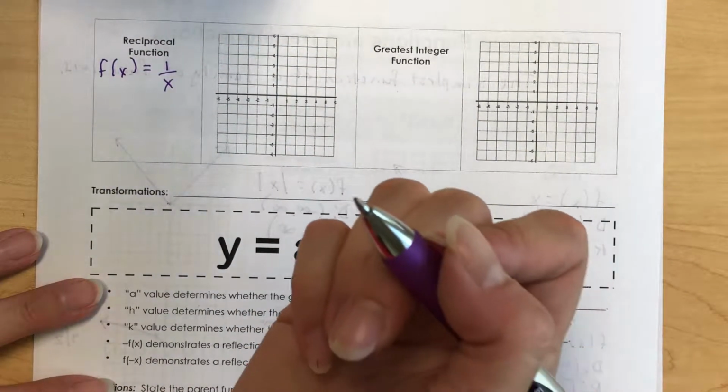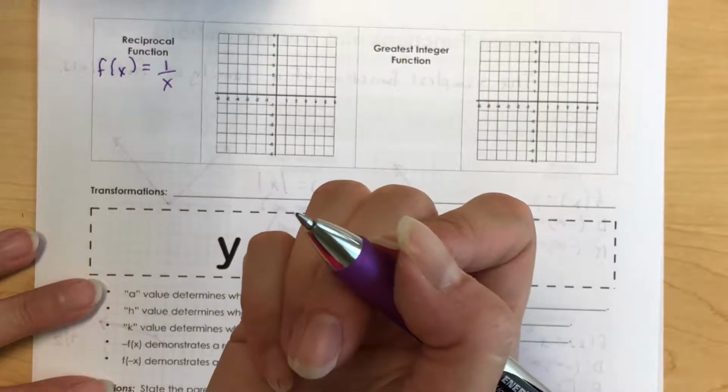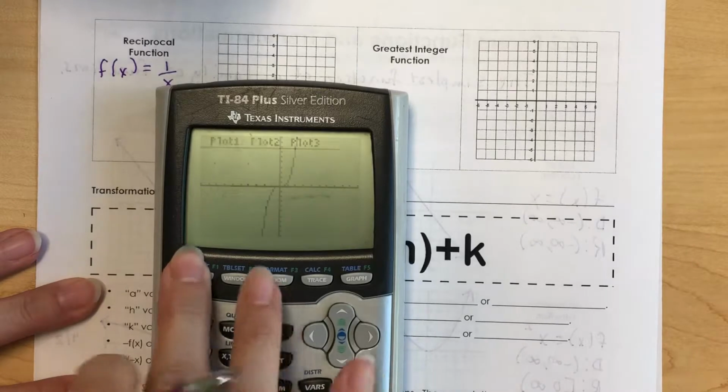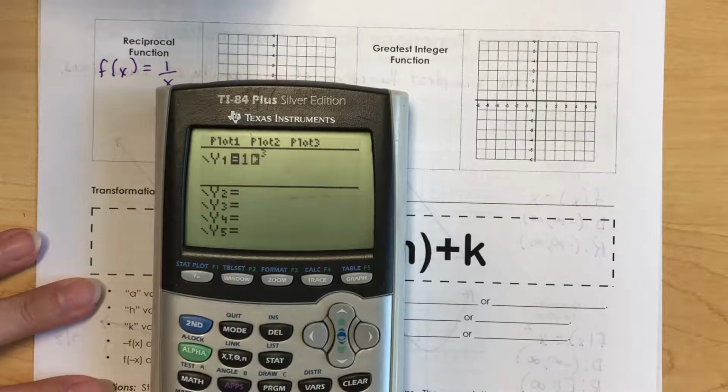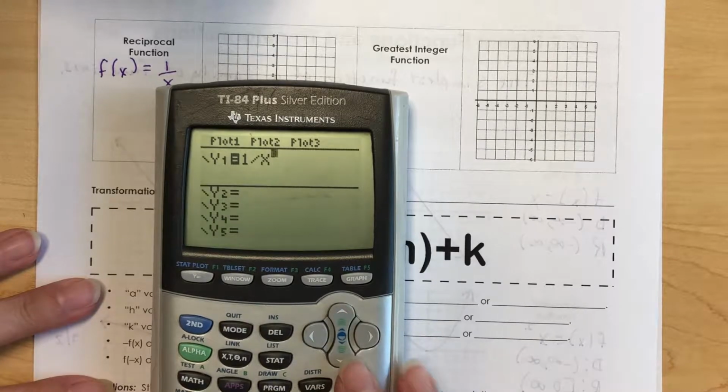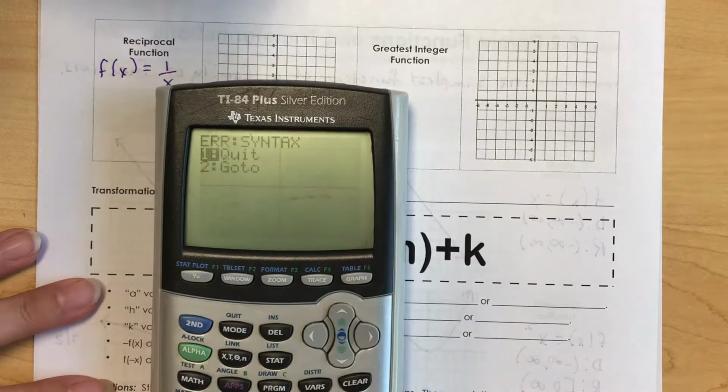We can do a table of values on this one as well, but I'm going to go onto the calculator and type it in. We want to do 1 divided by x, and I need to get my exponent out. Okay, graph. Oops, I'm going to try it again.